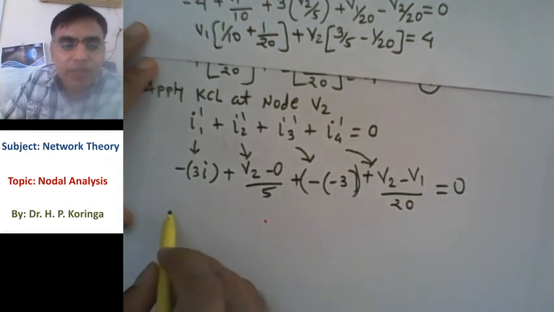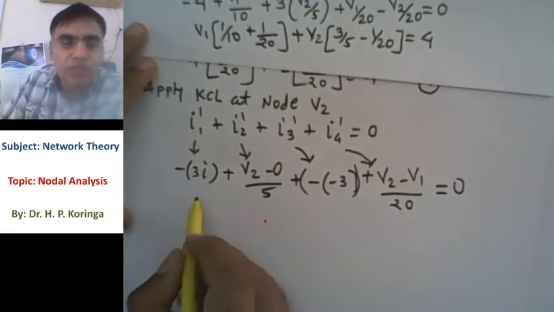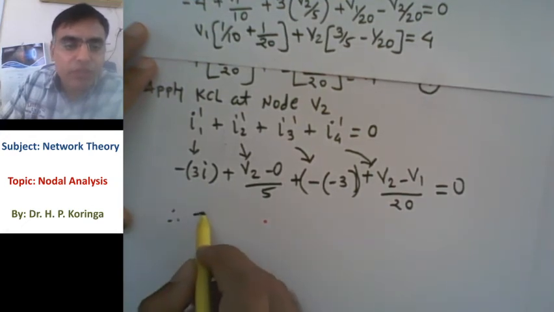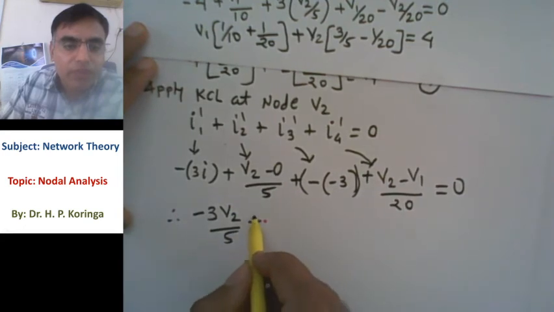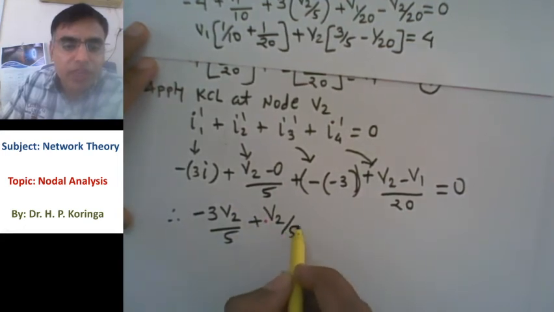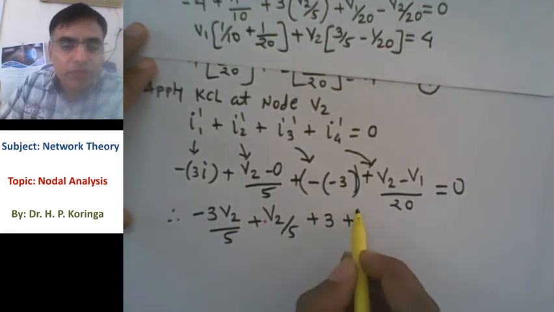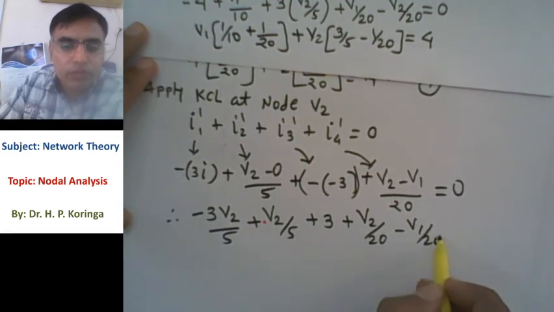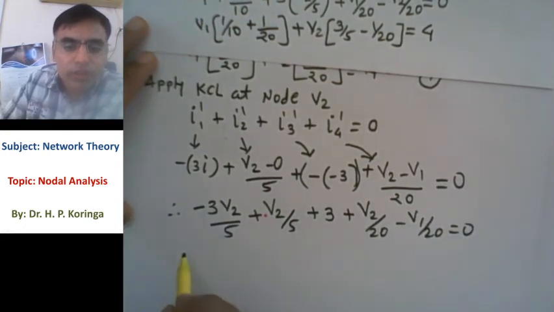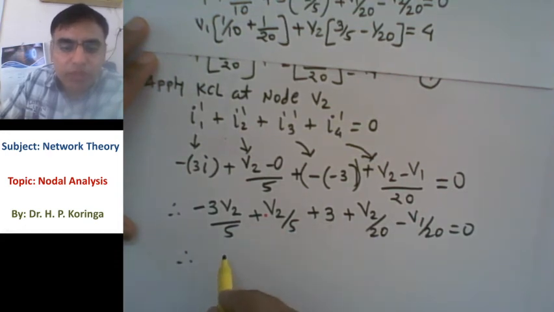So let's simplify it. We know the value of I in terms of V2. It is V2 divided by 5. So let's substitute V2 divided by 5 instead of I. So we will get this equation in terms of V1 and V2 only. So the coefficient of V1 is minus 1 upon 20, so minus V1 divided by 20.